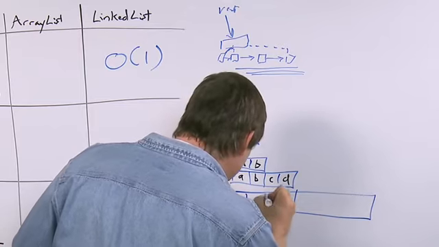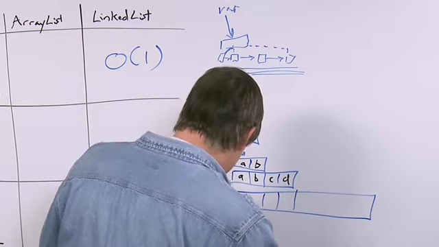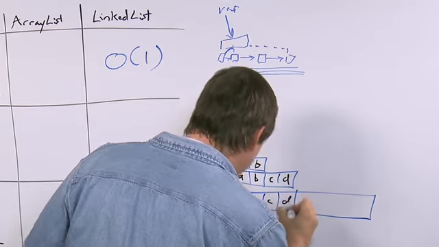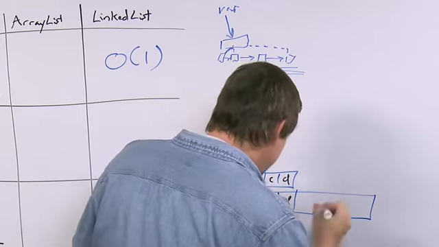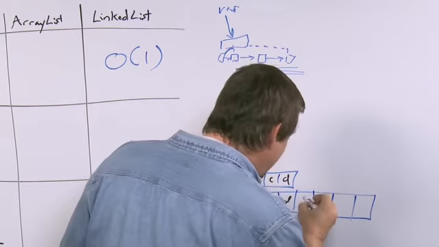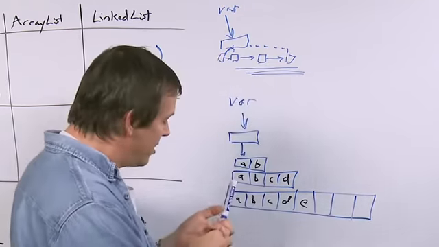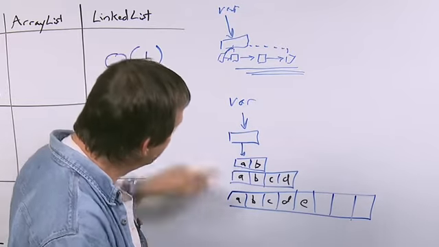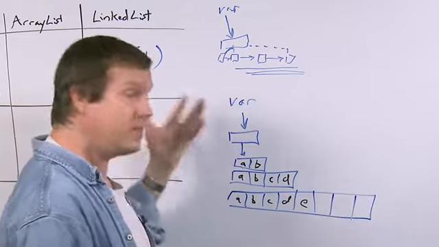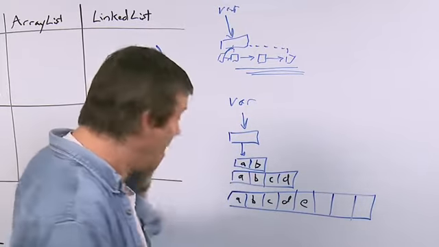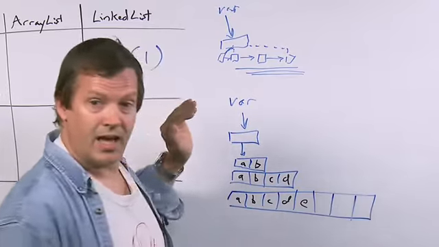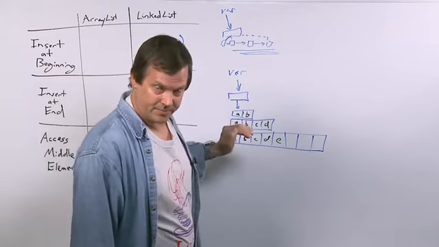It copies the A, it copies the B, it copies the C, it copies the D. And then it puts in the E, and so forth. Now, this argument is a little oversimplified because it doesn't really start with such a small array internally. It starts with something larger, but the argument still holds. And so the point is that an array list is internally an array with copying.